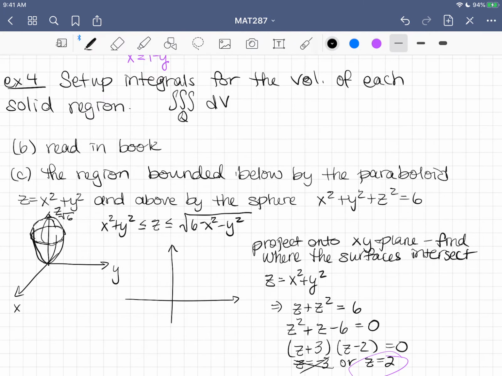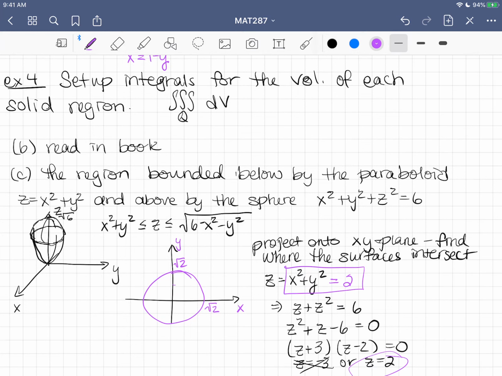So my surfaces intersect when x squared plus y squared equals z, which is 2. Okay, so that's going to give my region, whoops, well, that's a terrible circle. Let's try again. That's going to give my region here. It's a circle of radius root 2.